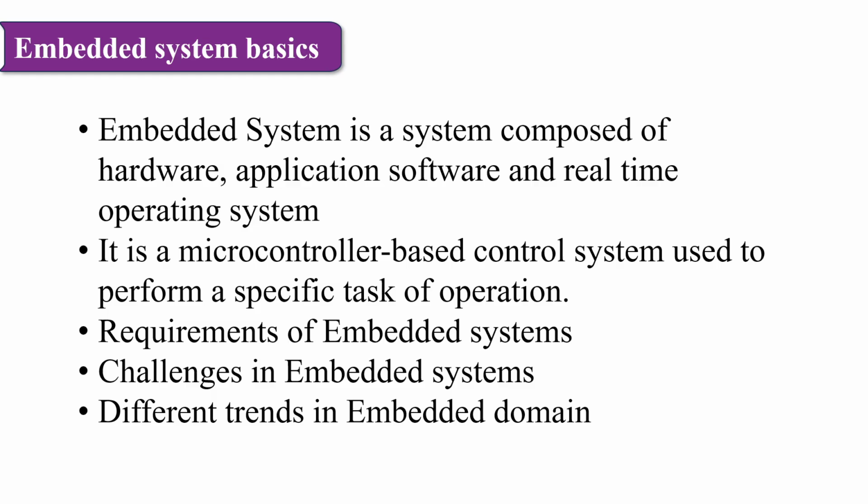The requirements of embedded systems are that we know about the microcontroller and have basic knowledge of embedded C or any embedded language, embedded C++, embedded Python. Challenges in embedded systems are that we have to know everything about the microcontroller which we have to program. We have to develop some header files too for that program.